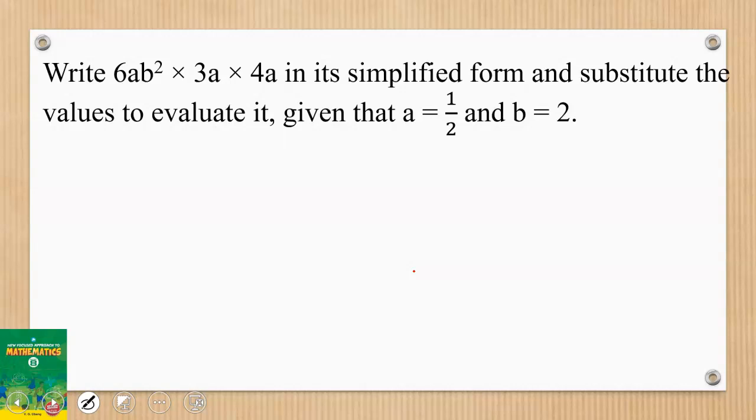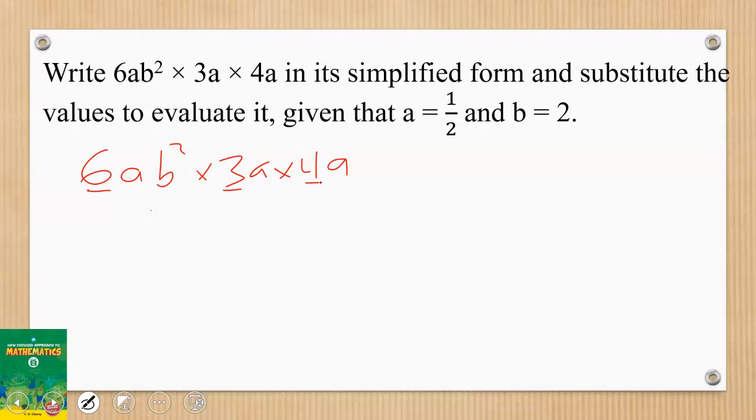Right, the first example we have here says write 6ab squared times 3a times 4a in its simplest form and substitute the values to evaluate it, given that a is half and b is 2. So in first simplifying, we have our 6ab squared times 3a times 4a. Since we have only multiplication, let's multiply 6 times 3 times 4.